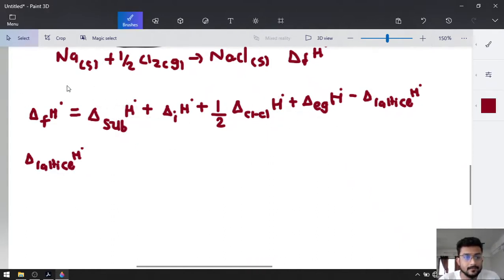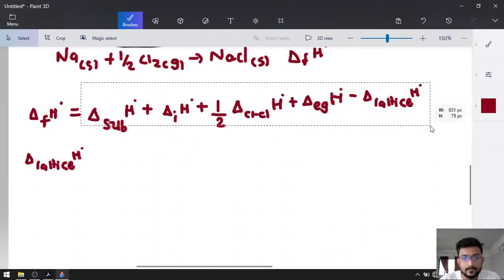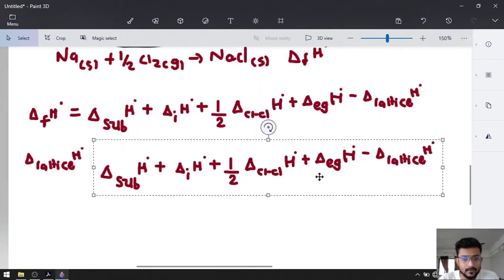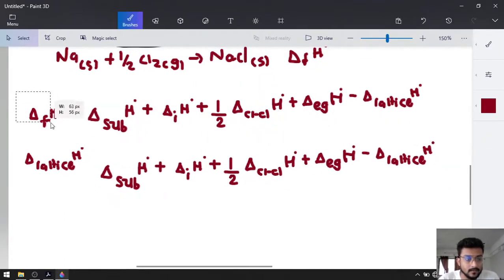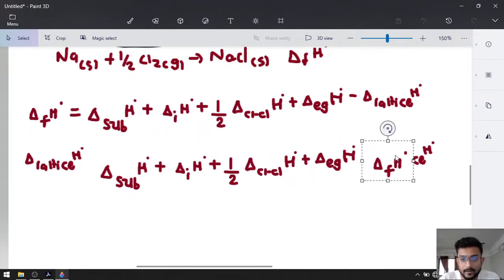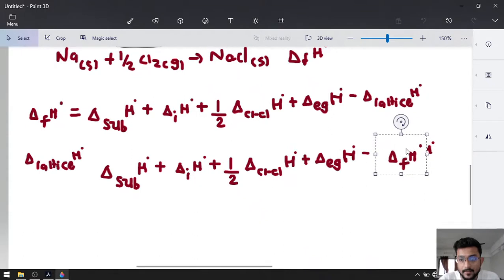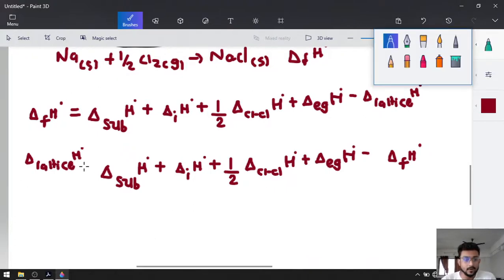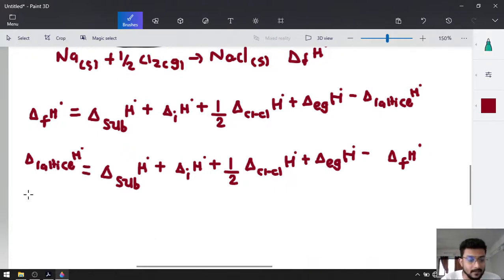The formation enthalpy, if it comes to the other side of the equation, becomes minus, right? So our formula for the lattice enthalpy will be this one.